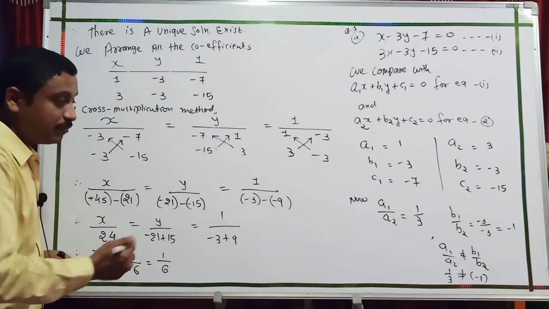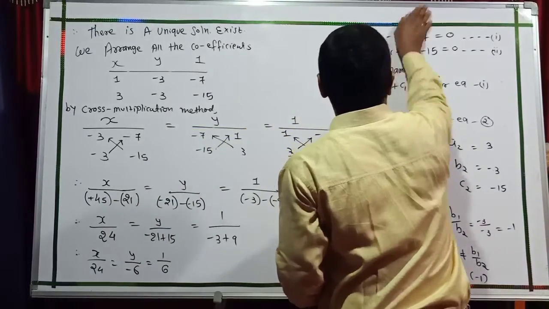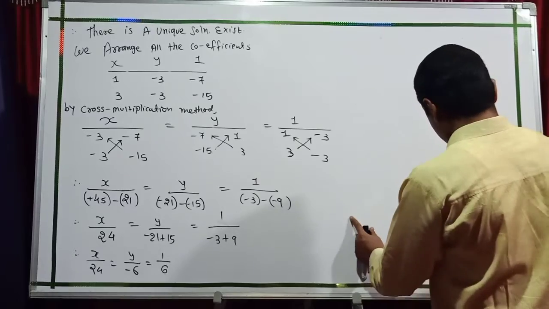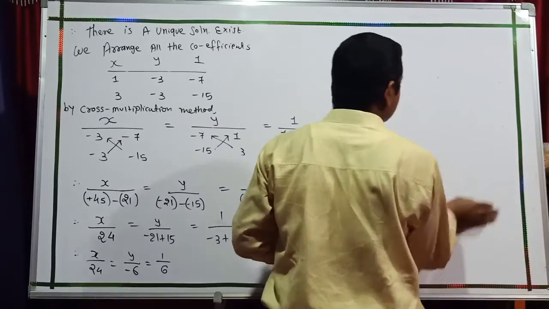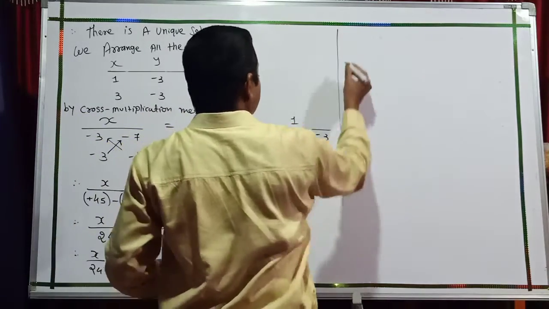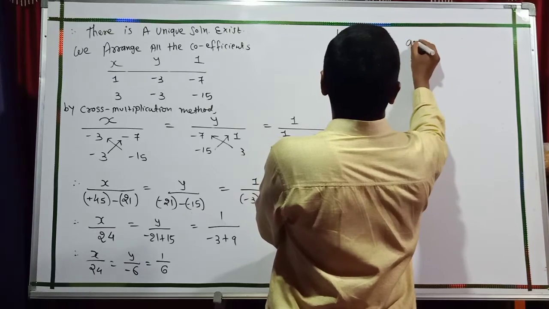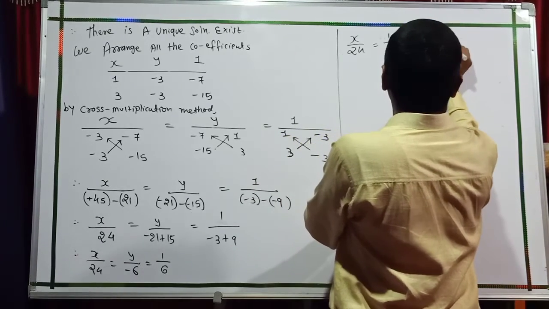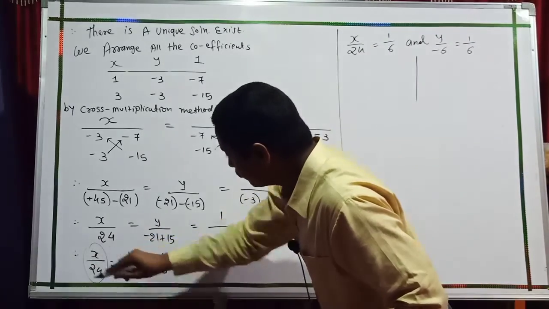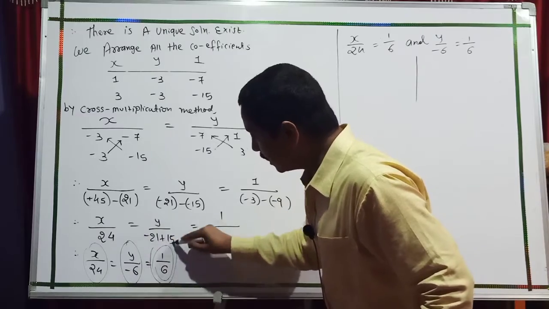So these are the comparisons. And after comparison, students, you get the values. It means you must first show the conditions and then our answers. So finally, students, here I compare the values. x by 24 is equal to 1 by 6 and y by minus 6 is equal to 1 by 6. I compare with the first and the last, and after that the second and the last.